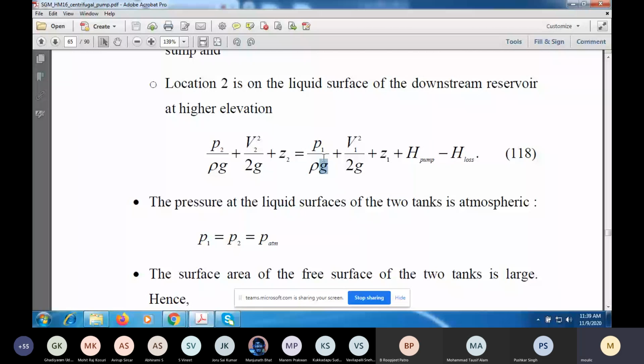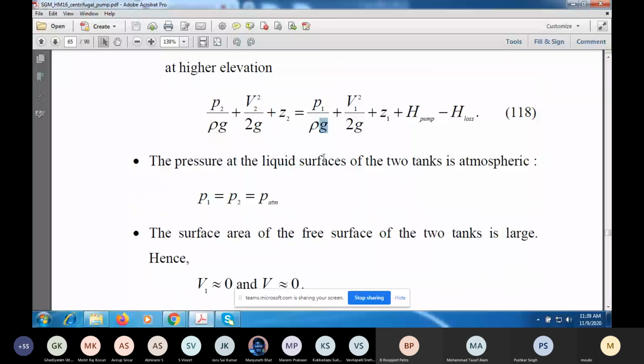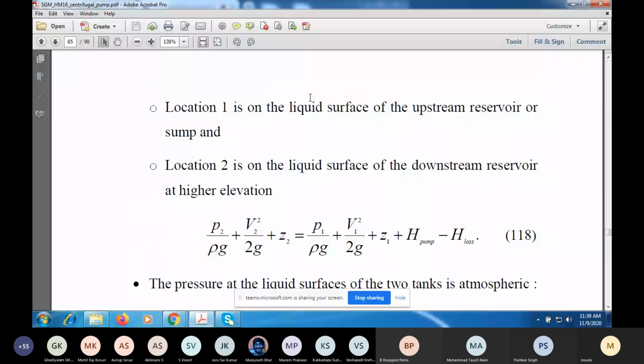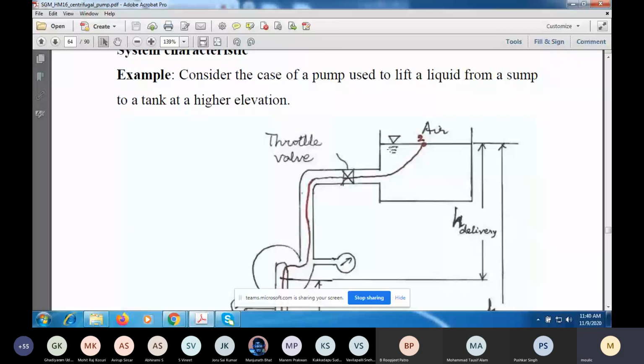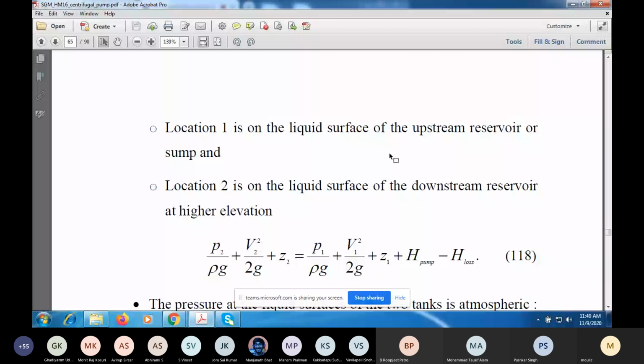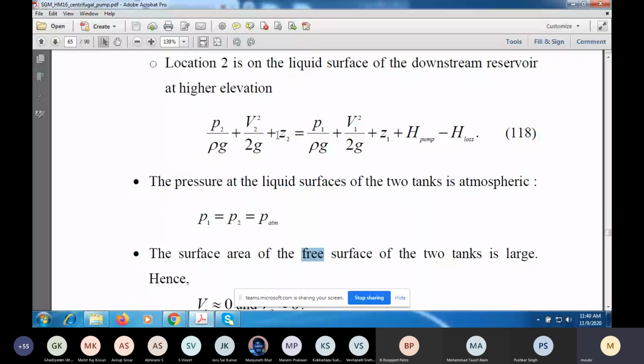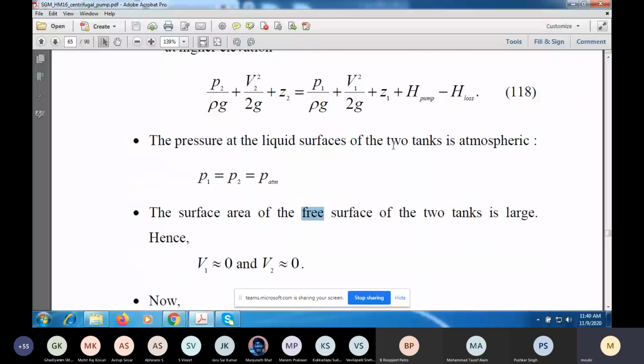And usually the surface area of the tanks will be large. So V1 and V2, the velocity of the fluid at this surface, that is the rate at which this level is going down, and the rate at which this level is going up, those can be neglected. So the kinetic energy terms can be neglected. So you just have the difference of heads here, Z2 minus Z1, which is the static lift. So H pump will be Z2 minus Z1 plus the head loss.